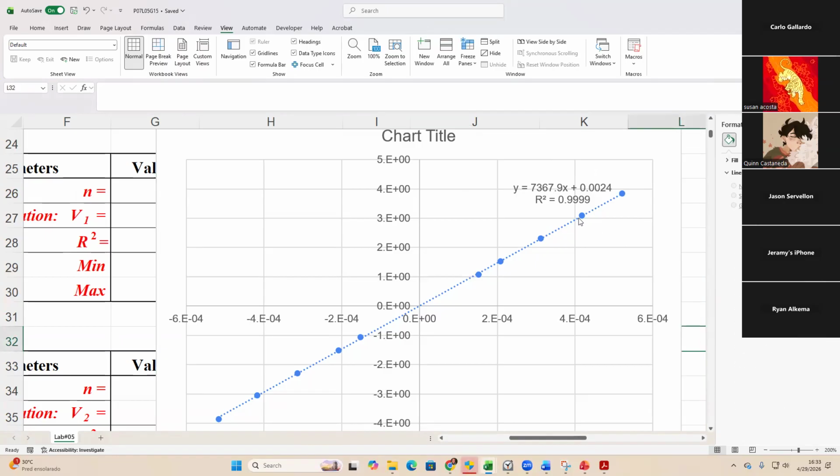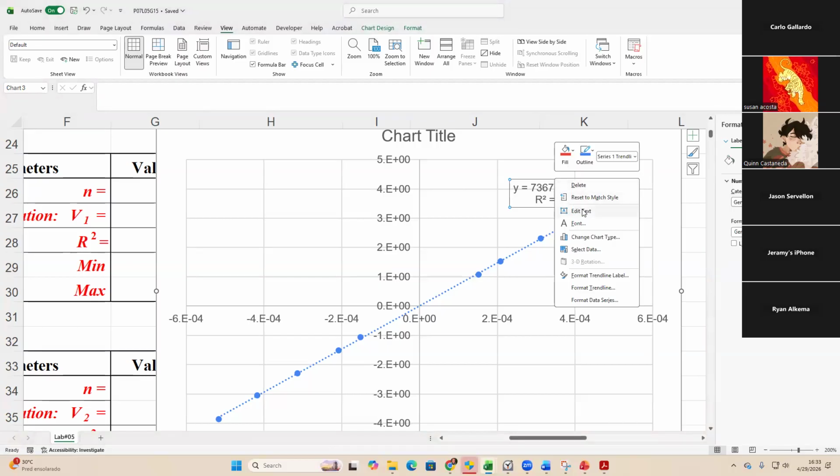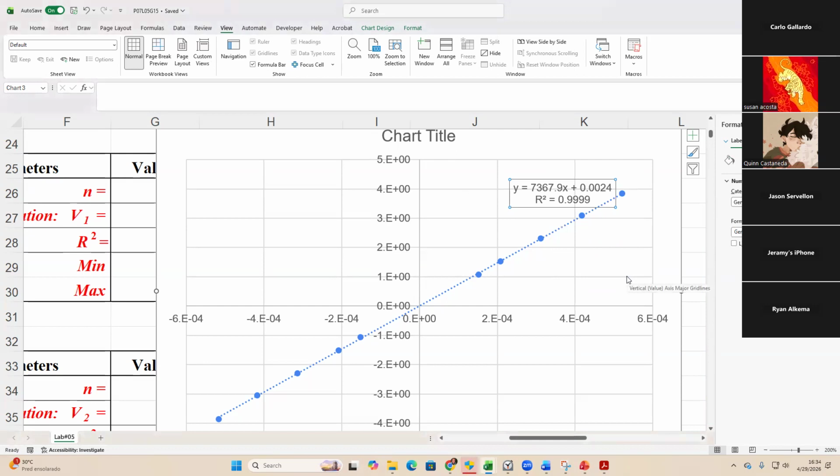What you have to do is click here on this equation and R squared, right click it and choose format trend line label. When you get format trend line label, make sure you choose number and choose as many decimal places as you can, until you start to see a number that's not 1.